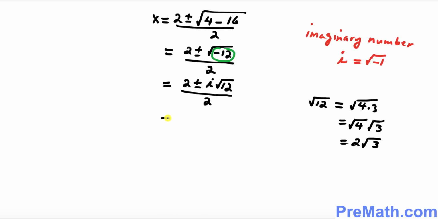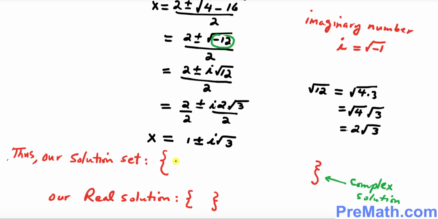So I can write this whole thing as 2 plus or minus i times 2 times the square root of 3, and I'm going to put down 2 separately at the bottom. So 2 over 2 simply becomes 1, and here 2 and 2 cancel out. Okay, they are gone. So pretty much we got plus or minus i times the square root of 3.